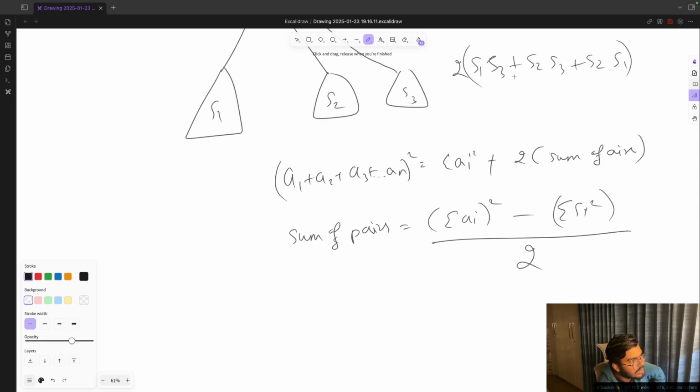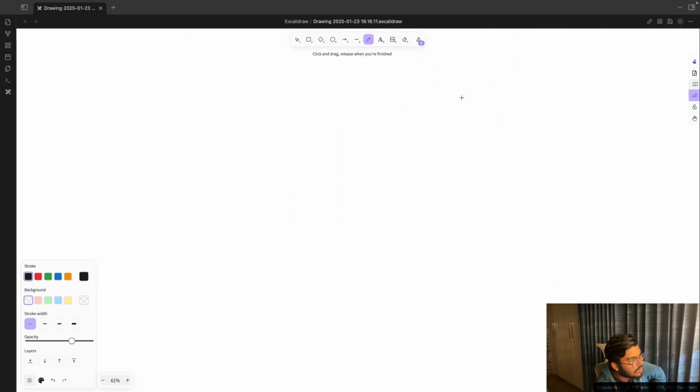That will give you this kind of value. Once you have this value, you can just do 2 times (dl plus 1) times the sum of multiplication of the pairs, and subtract this and you will have your final answer.